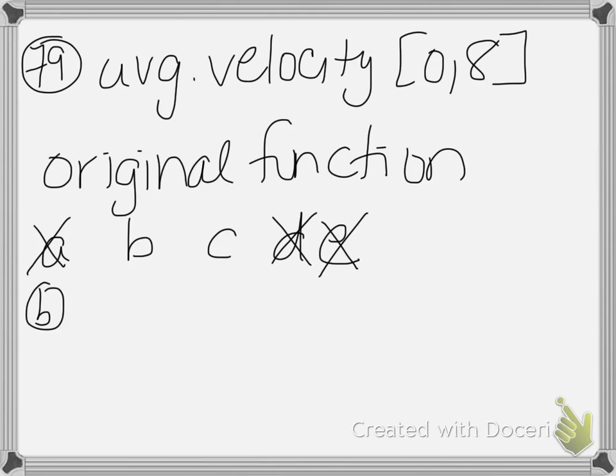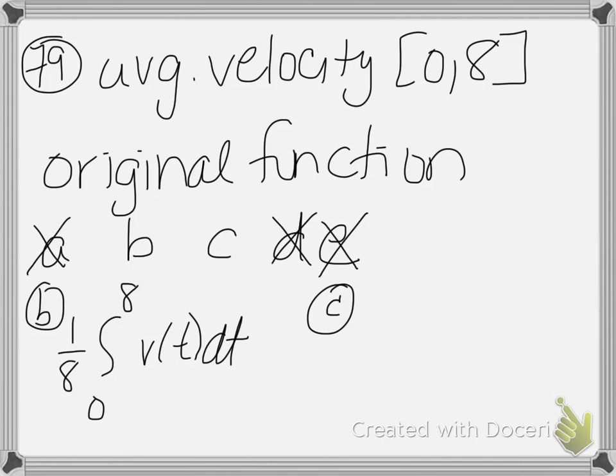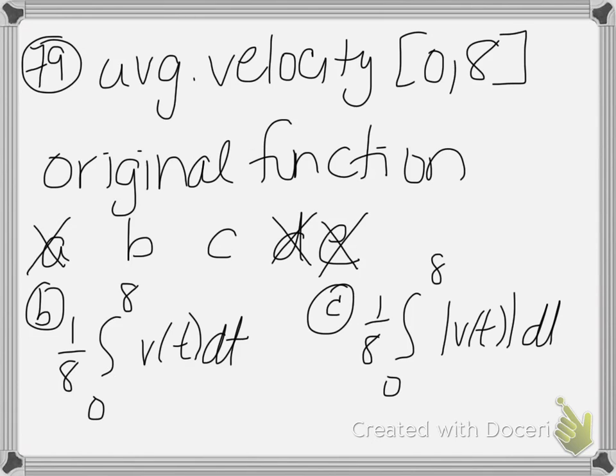So this is B. And this is C. Okay, so now we have one little problem here, which is both of these are average value setups, and this is asking for average velocity.